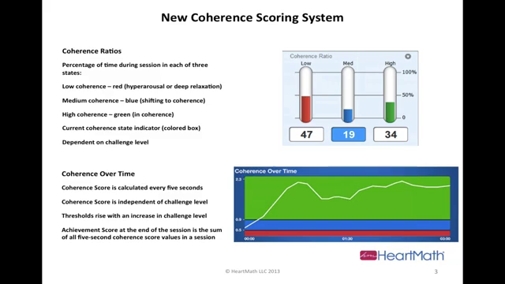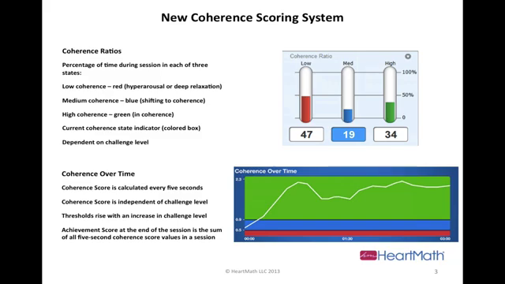The thing about coherence ratios is that they're dependent on challenge level. So if you go from low to medium to high challenge, it makes it a little harder to compare your progress between changes. The new scoring system is called coherence over time. Every 5 seconds we calculate a numeric score and plot that.